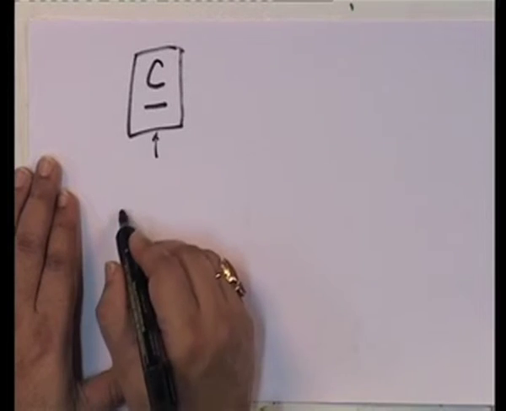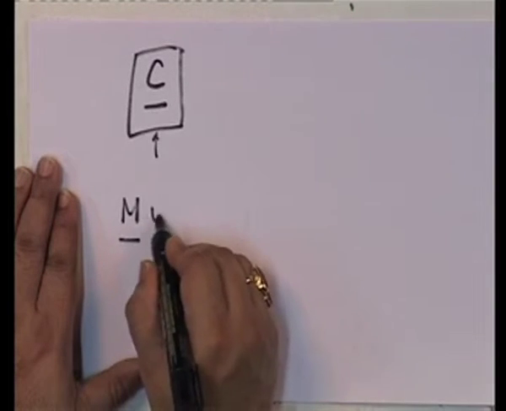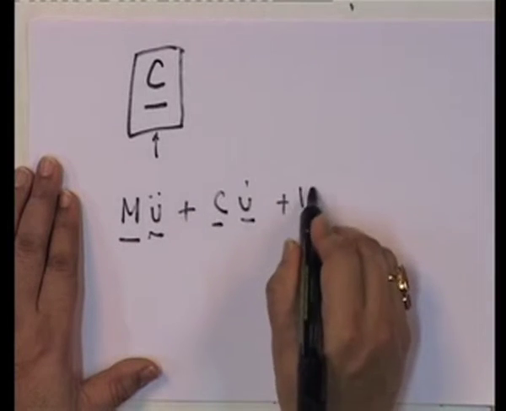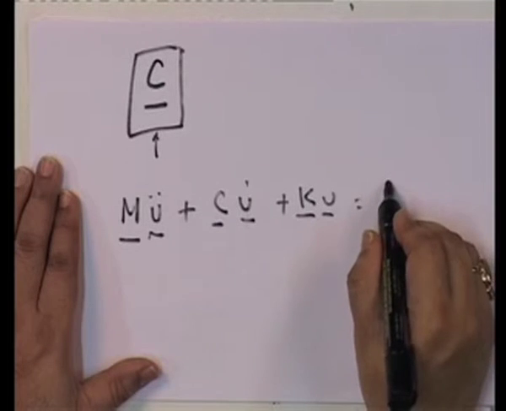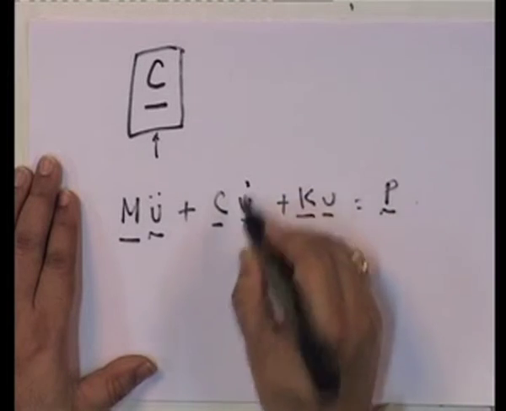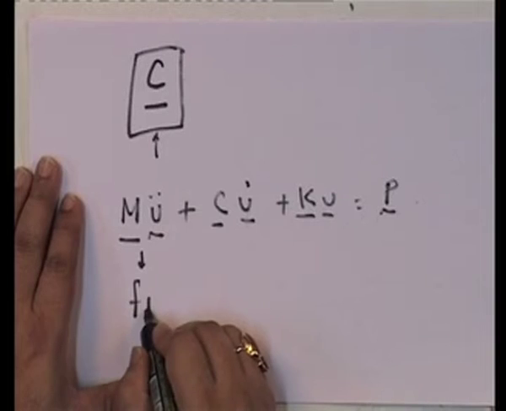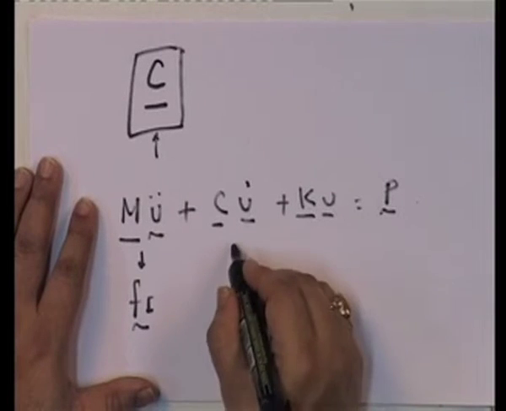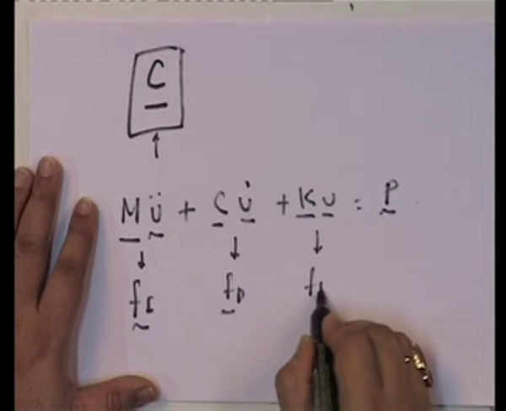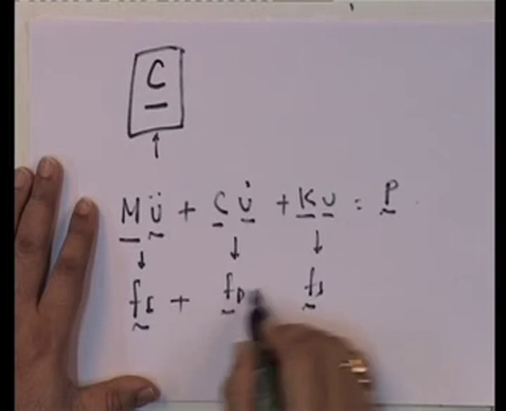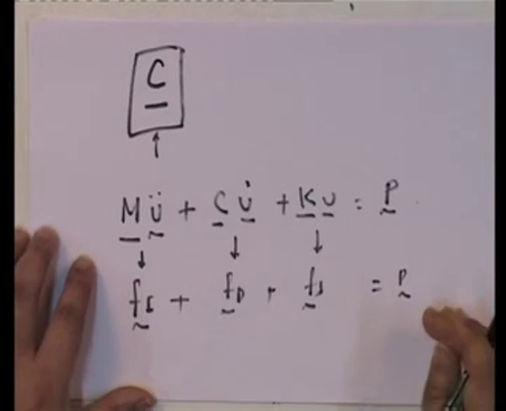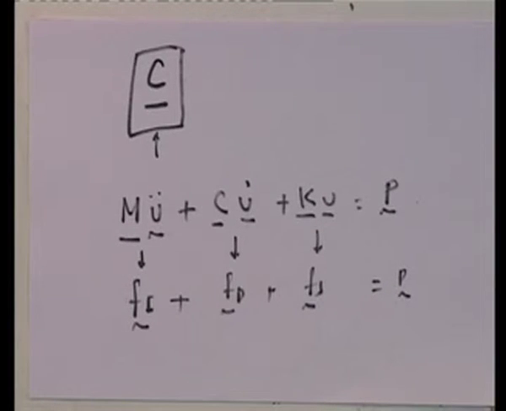Well, you need a C matrix so that you can make it look like this, where these are the inertia forces corresponding to the degree of freedom, these are the damping forces, these are the elastic forces, and so this plus this is equal to the applied load.